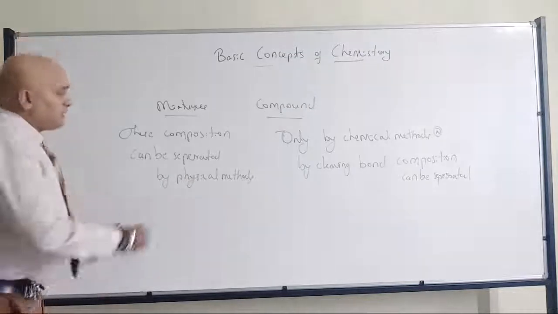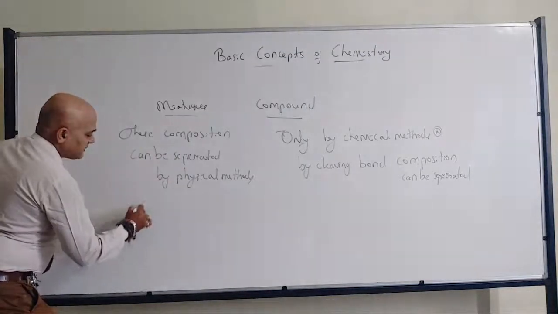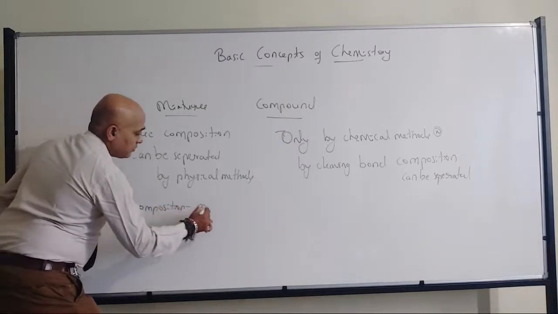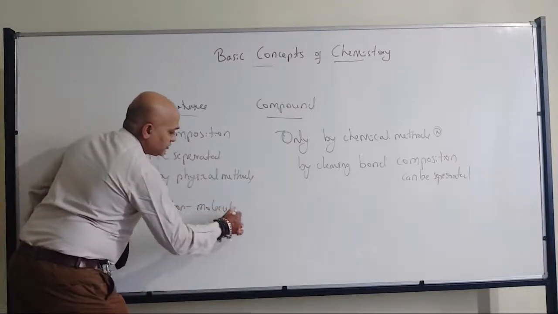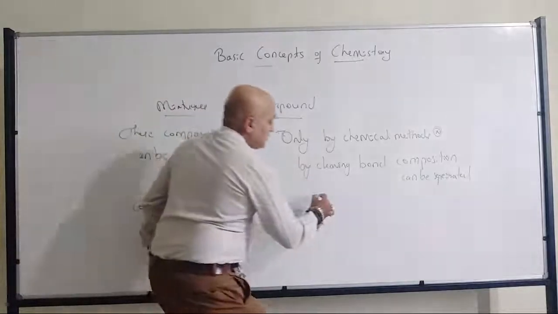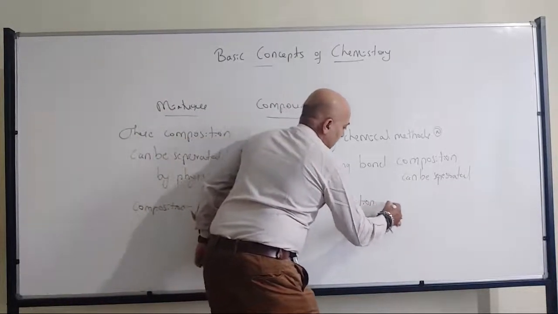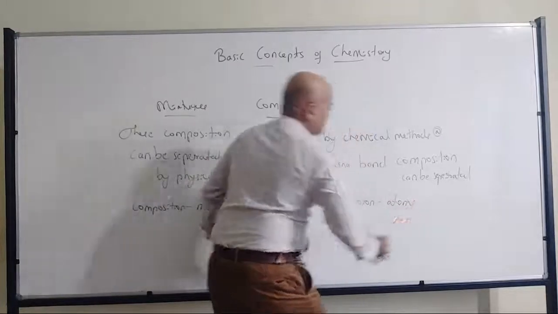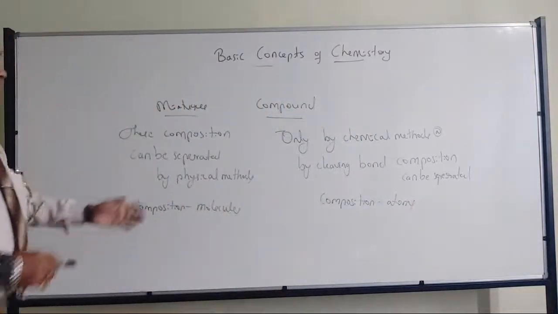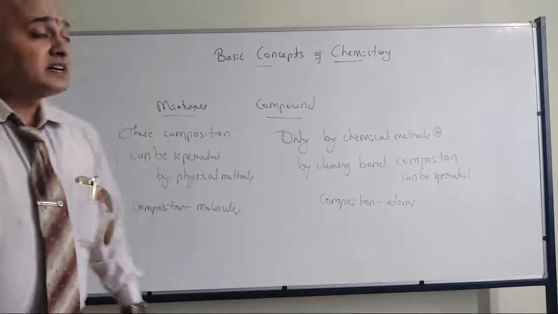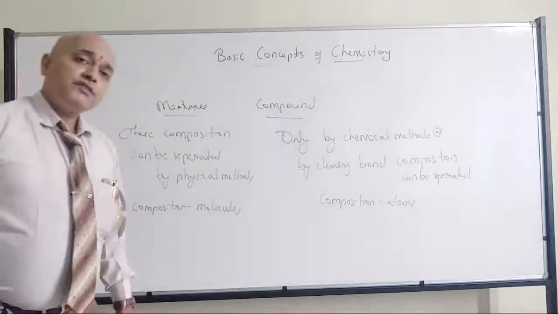Okay? So what is the composition here? Here composition is nothing but molecules which are combined together. Here, in a compound, composition stands for atoms. That's where they differ from each other, mixtures and compounds. All of you will agree?